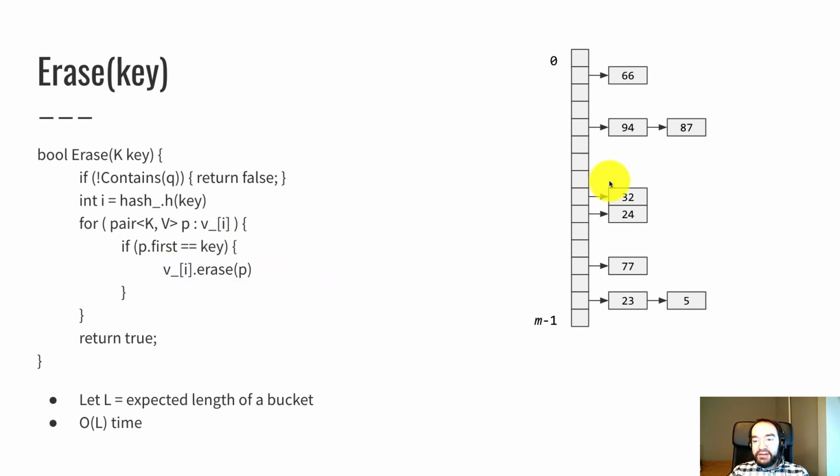And one property of singly linked lists is that if you have an iterator to a node, you can delete that node in constant time. So again, this is big O of L time. The contains call takes big O of L time. It's constant time to calculate the hash value, and then this for loop repeats L times and spends constant time per iteration. So big O of L time total.